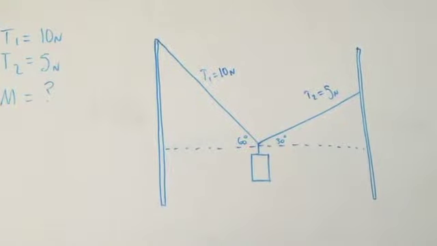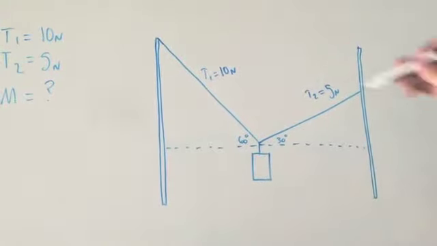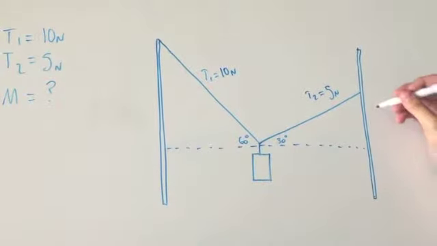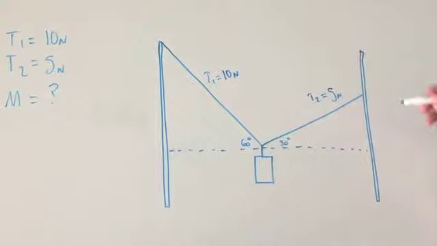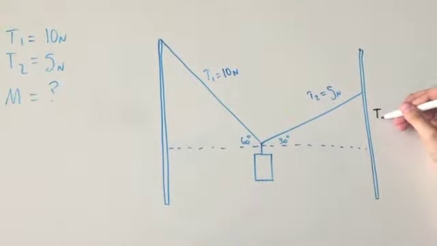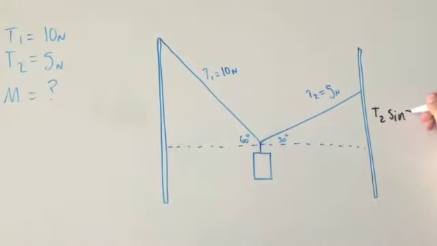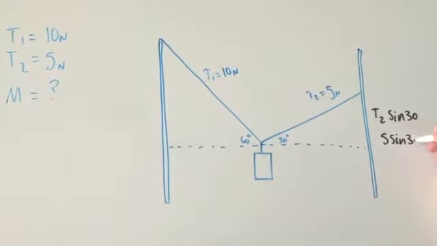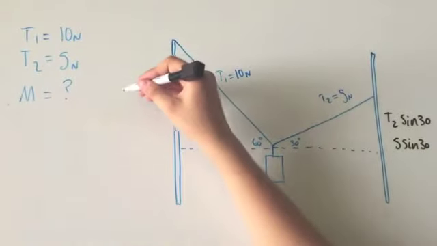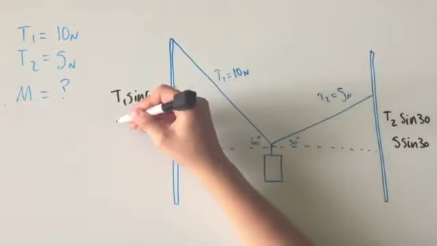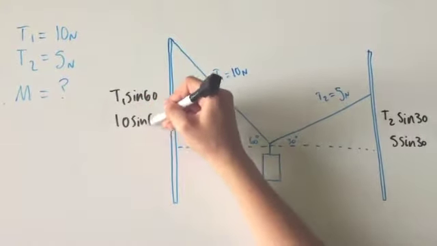So this next problem is still a statics problem, but it's a little bit different because we're given the tensions and not the mass. So since we know that these two equal 10 and 5, like before, we can say that this equals T2 sine 30, but really this is 5, so it's 5 sine 30. And this one is T1 sine 60, but we know that that is 10 sine 60.